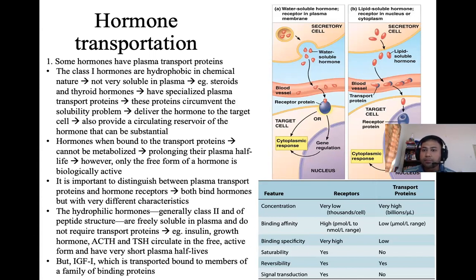They have a very specialized plasma transport protein, right? Unlike the hormones that love water, these class 1 hormones don't like water, and then they need to use the help of the transport protein to get transported to the target cells.